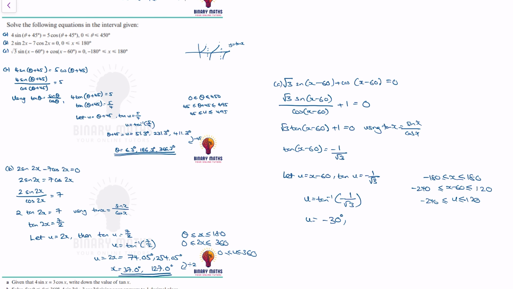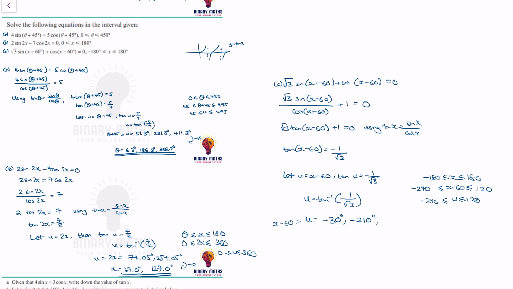If I add 180, I get 150, which is not in the range, so I need to subtract 180. I get minus 210 degrees, which is in the range. If I subtract again, it won't be in the range, because minus 210 minus 180 is definitely less than minus 240.